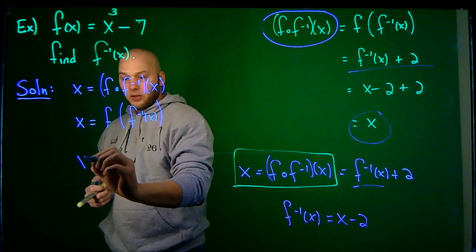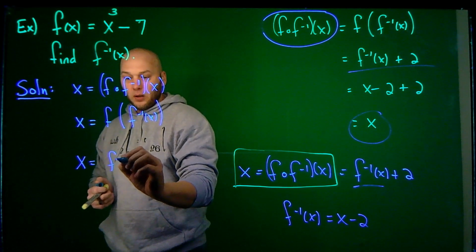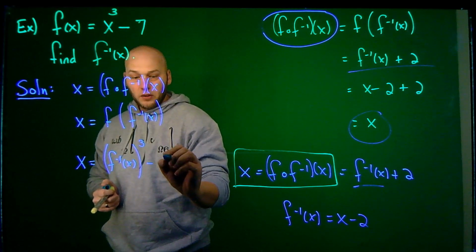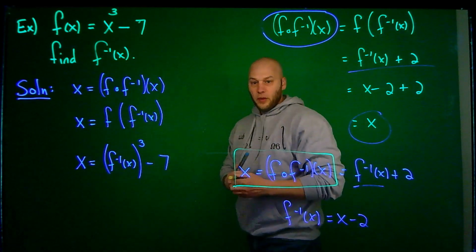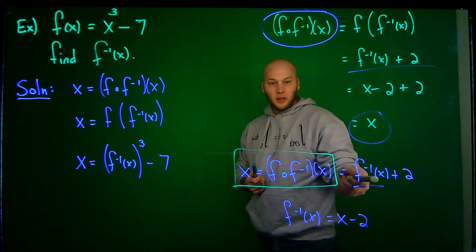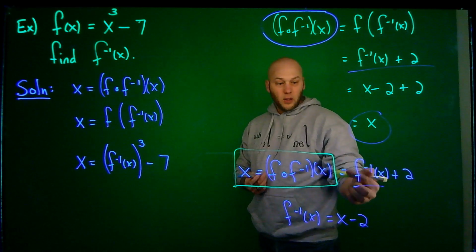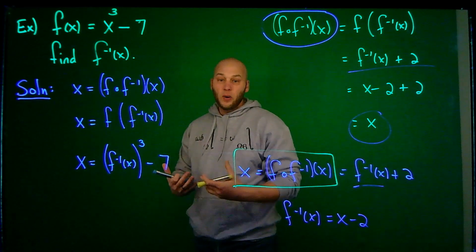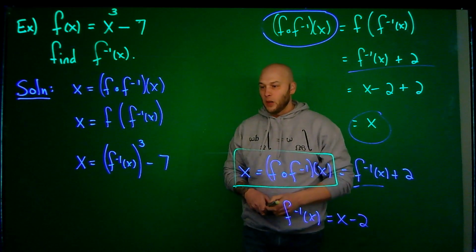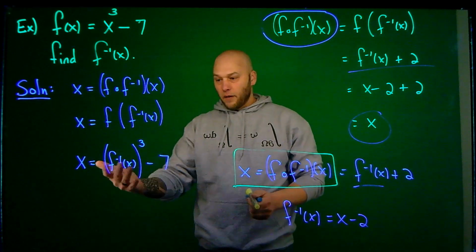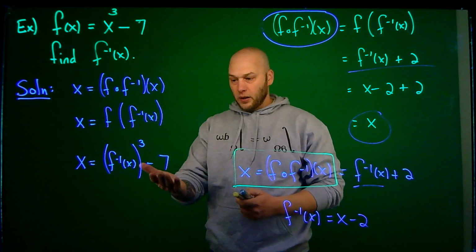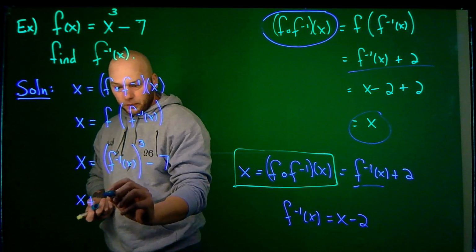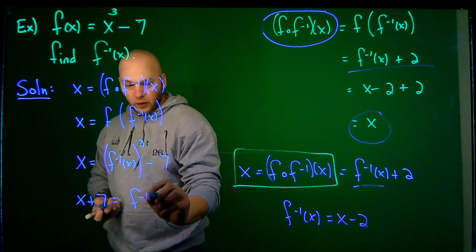That means I have x is equal to f inverse cubed minus 7. This step is analogous to the step over here, where I thought of the inverse function as my unknown and then solved for it algebraically. That's what I'll do over here. If I'm going to solve for this algebraically, the first thing I'll do is add 7 to the other side. I get x plus 7 equals the cube of the inverse.